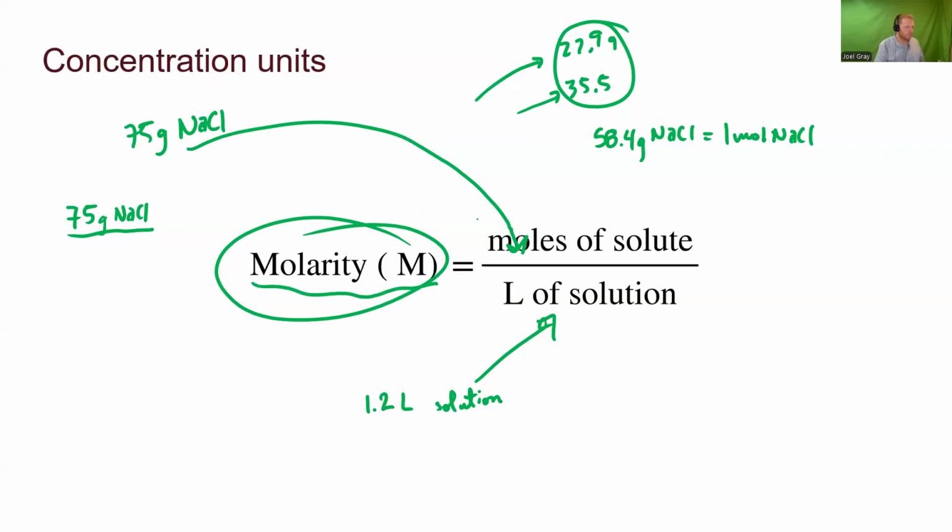Okay, I like it. So 75 divided by 58.4. Yeah, 1.284 sounds good.